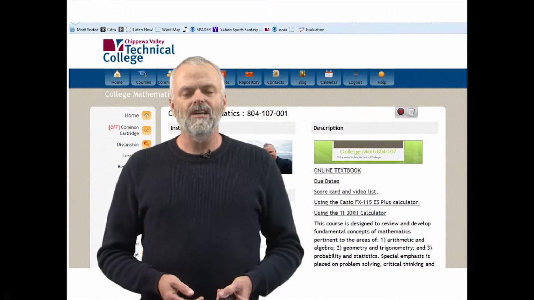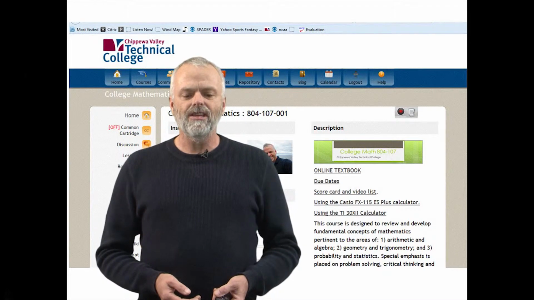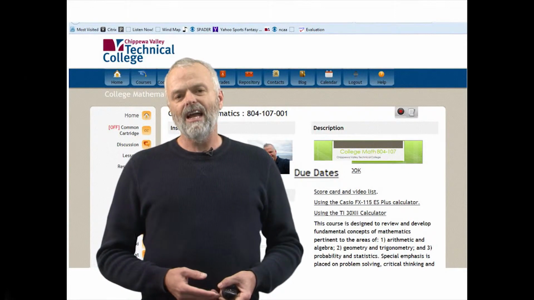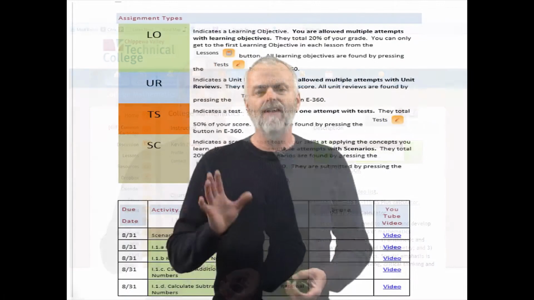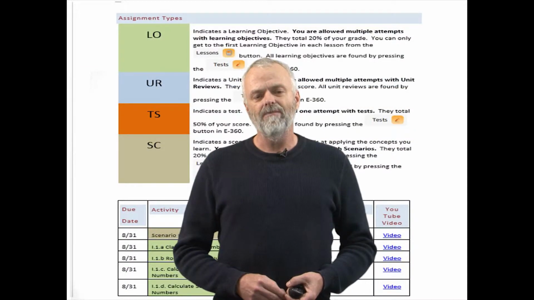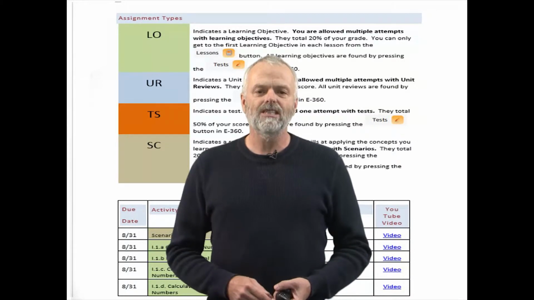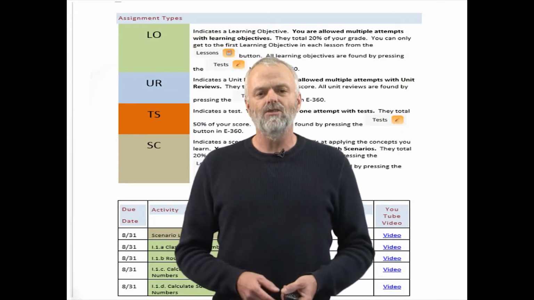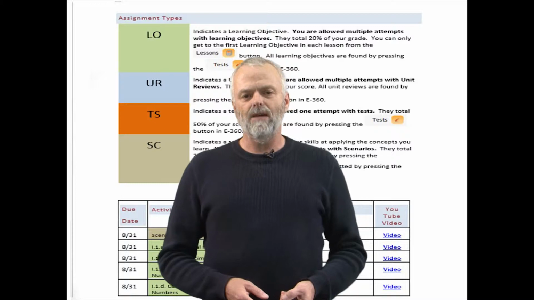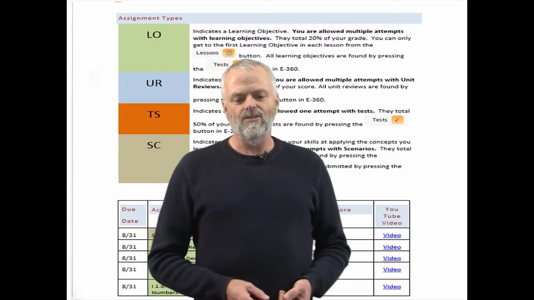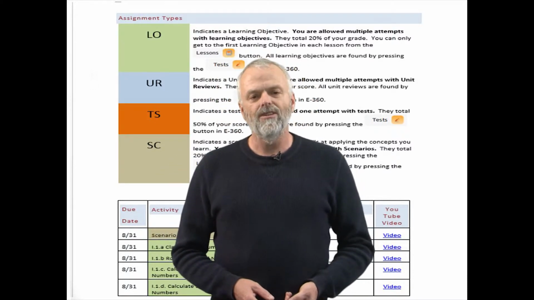Also on the E360 is a thing called due dates. The thing that I like about the due dates button is it lists every single thing that you will be graded on, and also it has available a video that I have made for each one of those sections that you'll be graded on, and so you can watch those videos and see how to do the problems. And students in the past have found those videos very helpful to them.